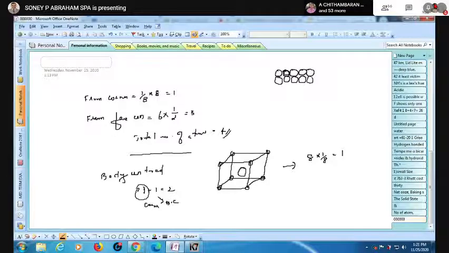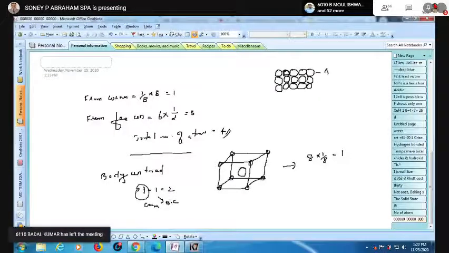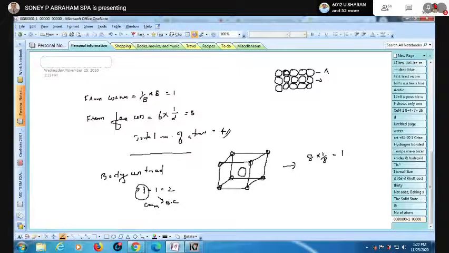And the third row will be exactly behind the second row, in perfect alignment with the first and second rows. If I call the atoms in the first row A type, the second row is similar to the first, so it is A. The third is also similar to the first, so it is also A.